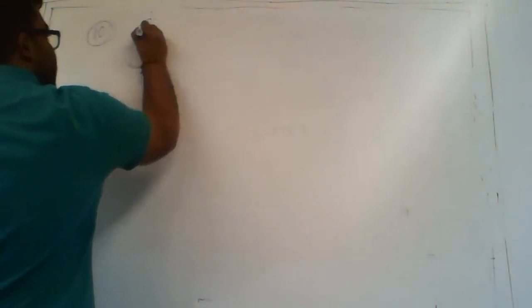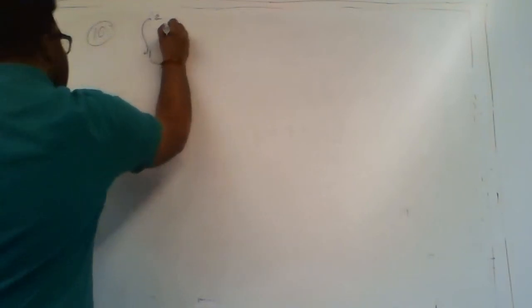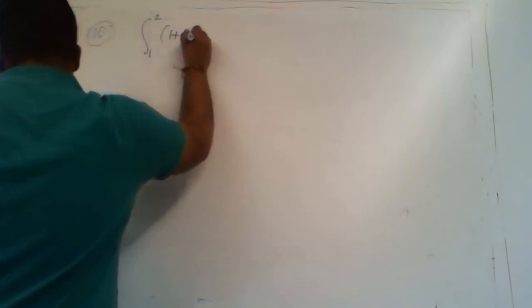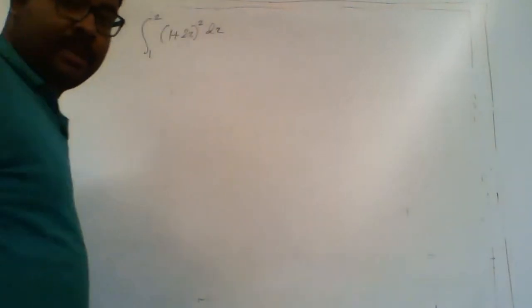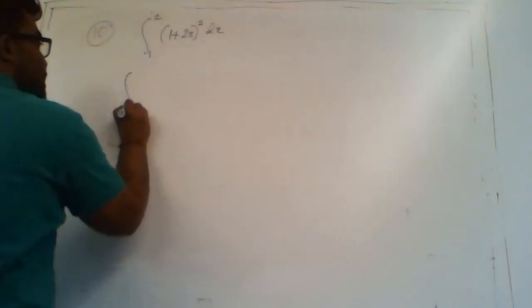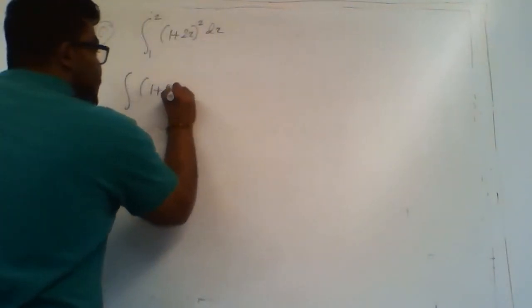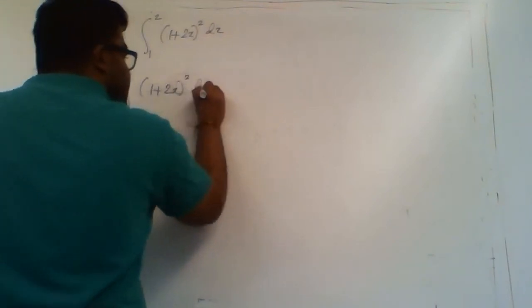Integral from 1 to 2, (1 plus 2x) whole square dx. So first of all, you will forget the two limits and just consider this value. So integral (1 plus 2x) whole square dx.